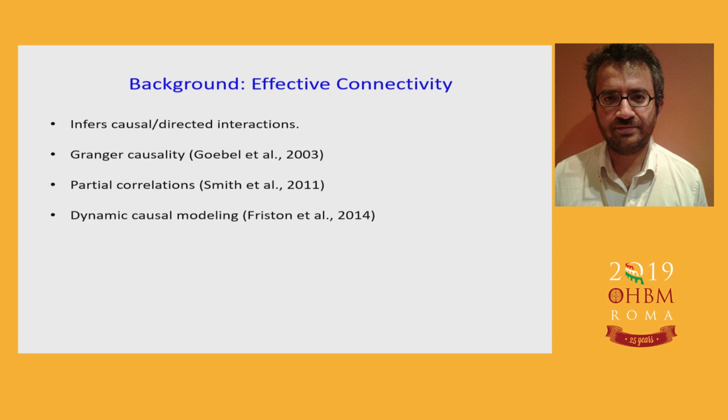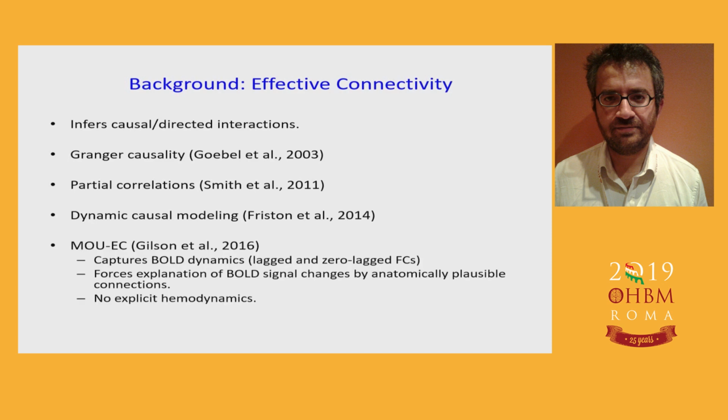The method that we used for this work was developed recently by Gilson and colleagues, which is essentially a multivariate Ornstein-Uhlenbeck process, which captures bold dynamics in terms of lagged and non-lagged functional connectivities. But the key point here is that it forces the explanation of changes in the bold signals by anatomically plausible connections.